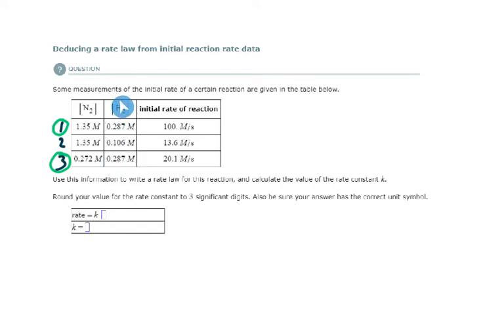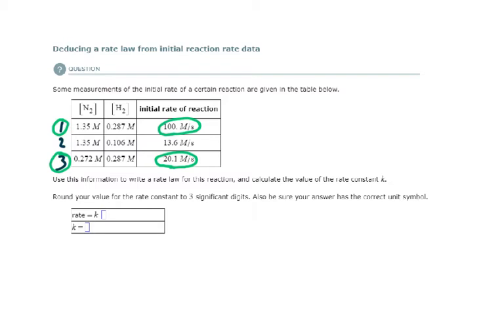So that means I can completely ignore the concentration of H2 here because any effect on the initial rate will be simply due to the change in the concentration of N2. Okay, so let's look and see how the rate changed when I altered the concentration of N2. Here it was 100, and here it was 20.1.